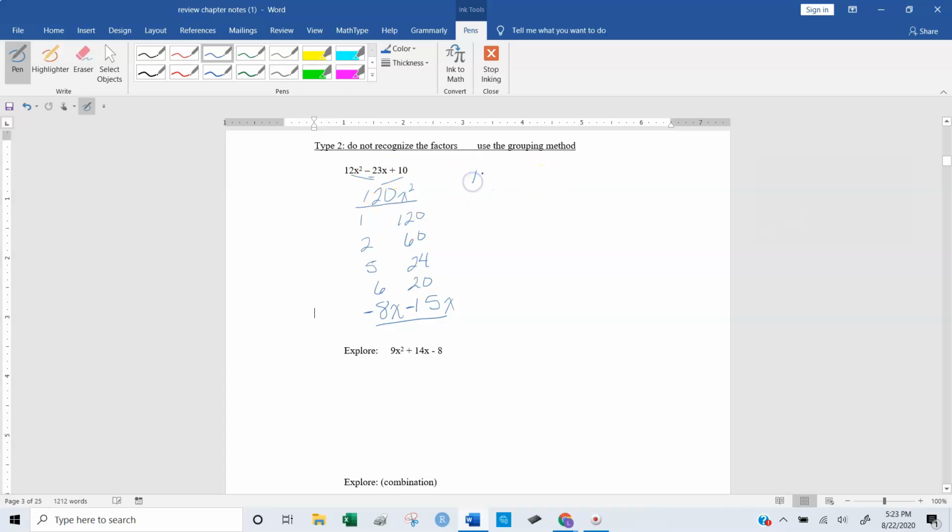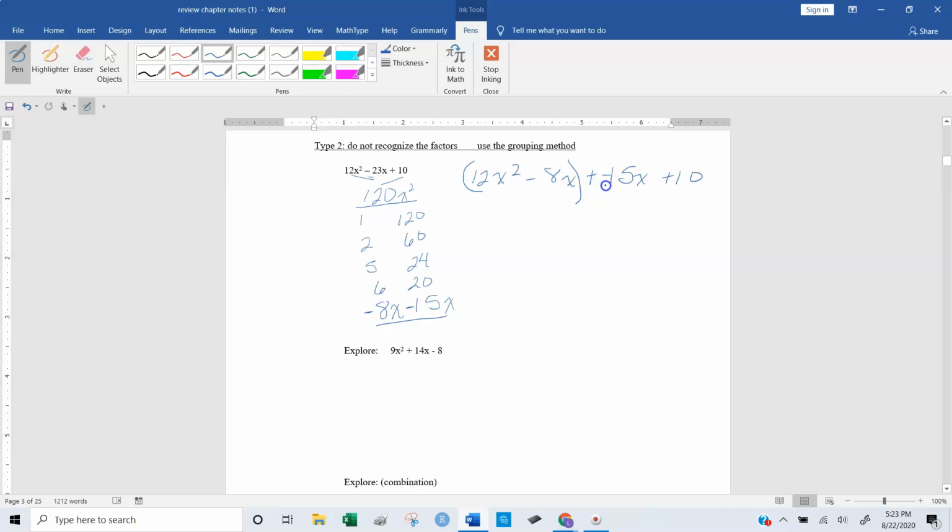So now you have 12x squared minus 8x minus 15x plus 10. I put this in here on purpose, with this negative right here, so you're careful. So you group the first two, but when you're grouping the last two, you're not really grouping a 15x, you're grouping a negative 15x.